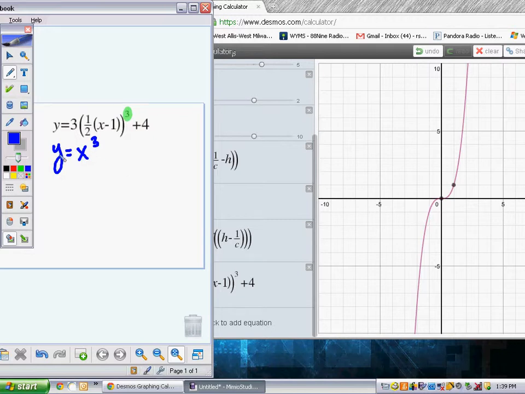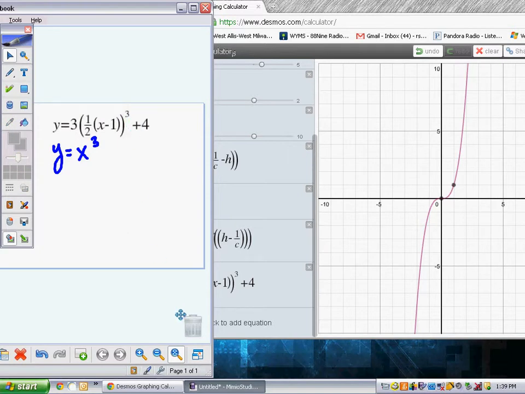So -2 cubed is -8, -1 cubed is -1, 0 cubed is 0, 1 cubed is 1, 2 cubed is 8. And so I start with those points: (-2, -8), (-1, -1), (0, 0), (1, 1), and (2, 8). Start plotting those points.